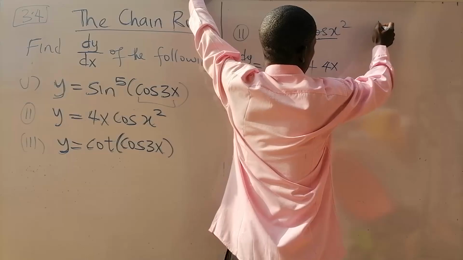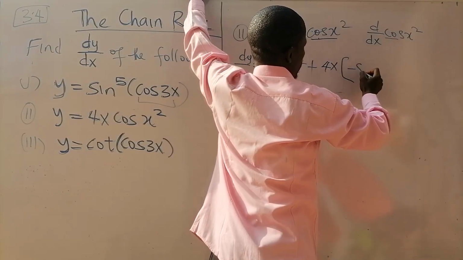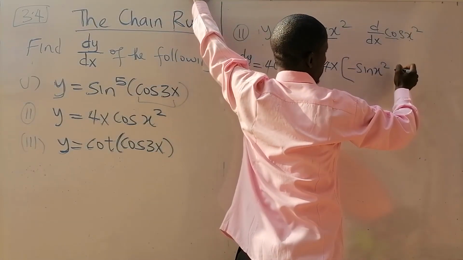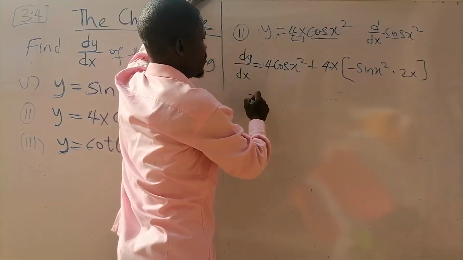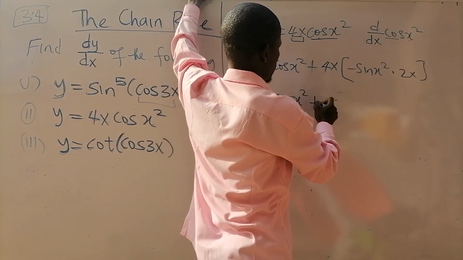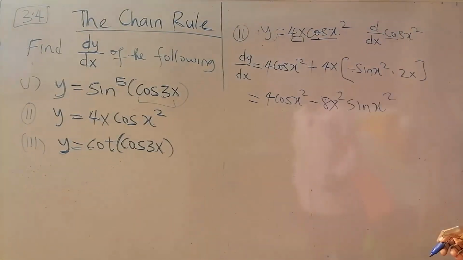If you differentiate this one, it's the derivative of the outer function, that's minus sine, times the derivative of the inner function, that's 2x, and that will give you this. So that will be plus 8x, and so on. That's that on the second one.